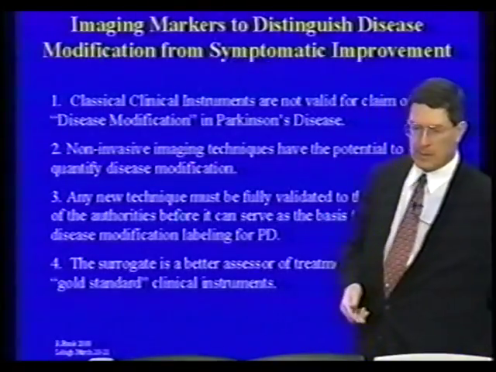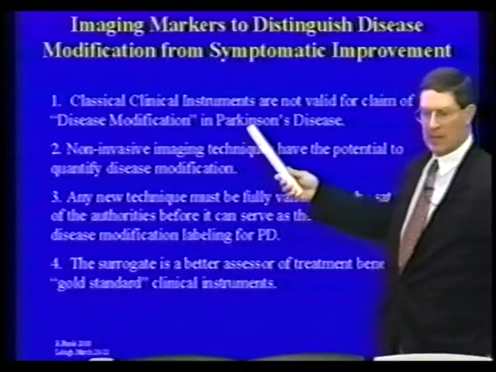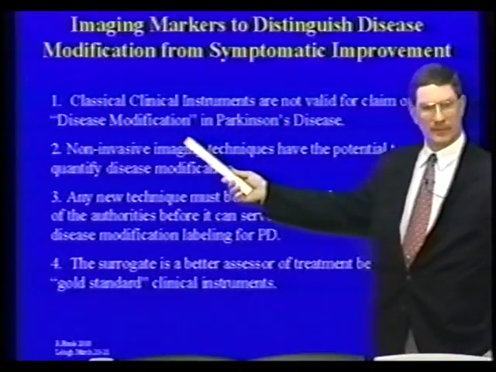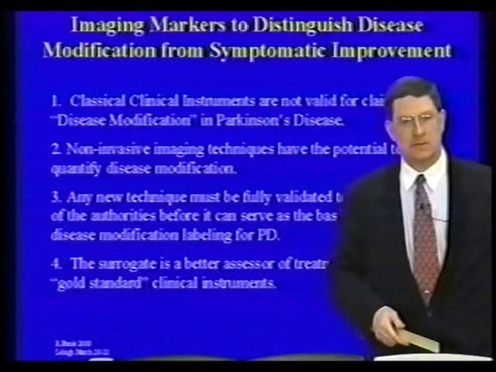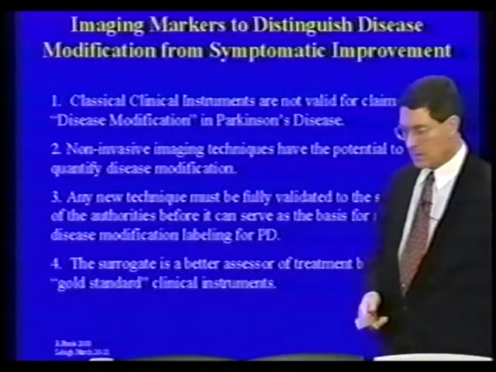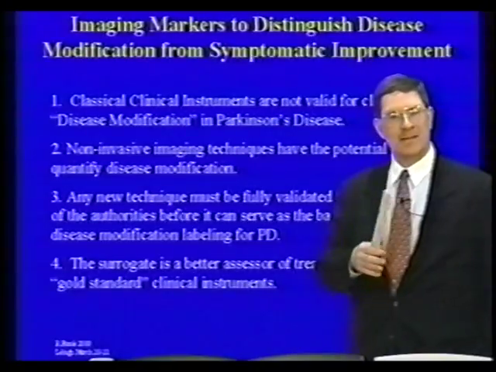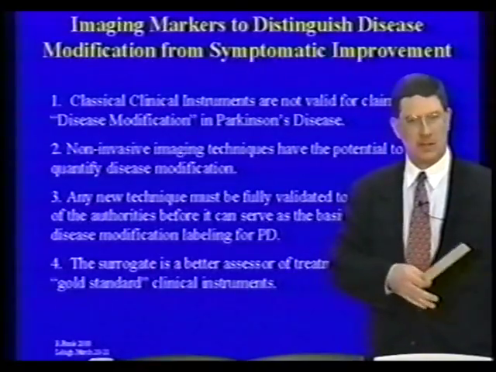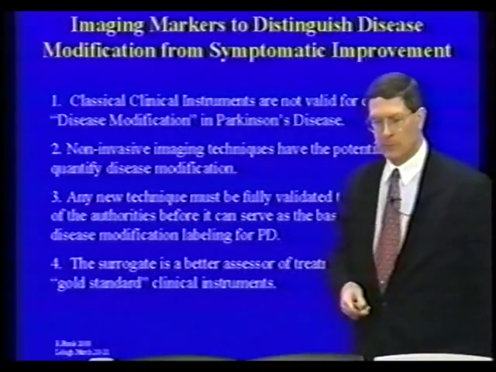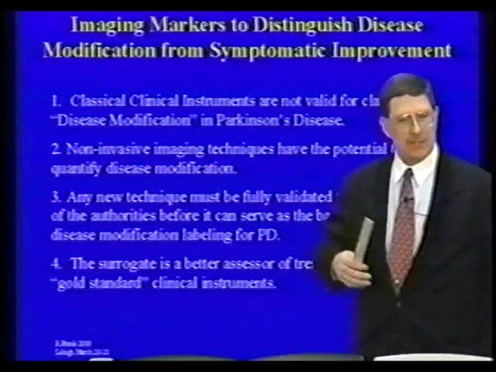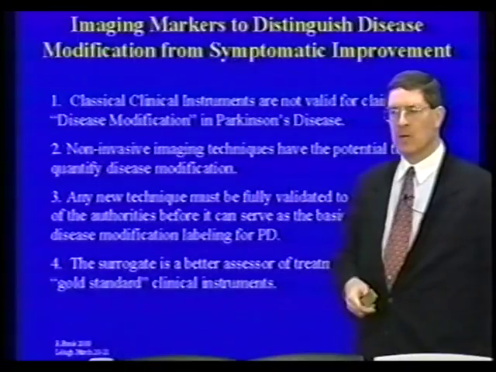I will use Parkinson's disease as an example. If we are interested in a disease modification indication for Parkinson's disease, it's clear that the classical clinical endpoints are not suitable for this purpose because they're not able to distinguish between a symptomatic therapy and disease modification. In fact, there were some clever protocol designs and some rationalization which have gone into prior studies.